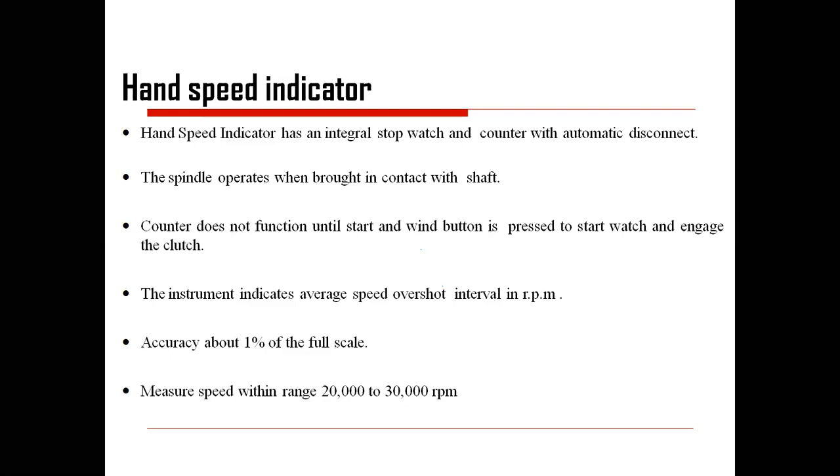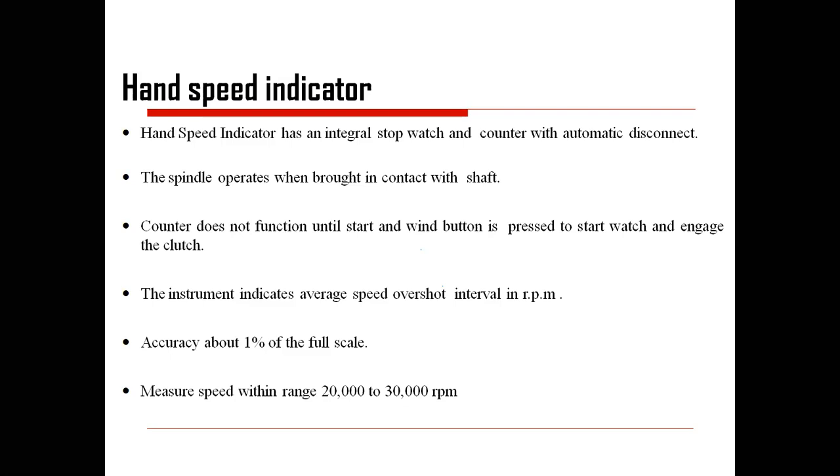The instrument indicates the average speed over a short interval in rpm, revolutions per minute, and the accuracy of this particular instrument is plus or minus 1% of the full scale. The speed measurement range of this hand speed indicator is larger compared to the previous one.